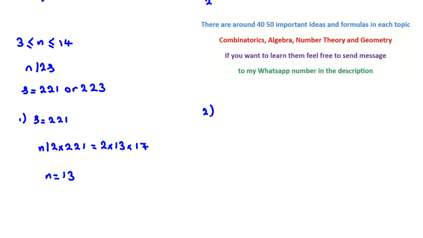Okay. Let's check the next case, 223. We know n divides 2S, which is 2 times 223. Let's find the prime factorization of 223. Is it a multiple of 2? No. 3? No. 5? No. 7? No. 11?